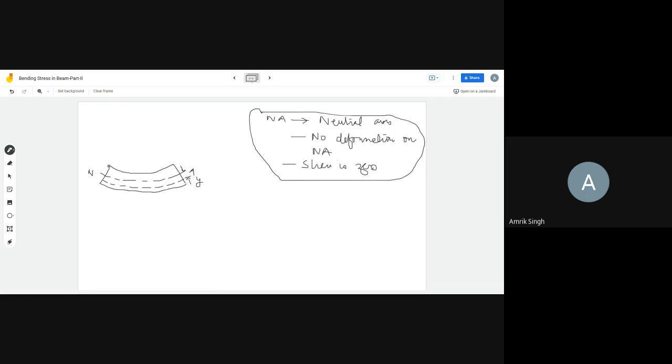So if I draw a tangent to this place, and if I draw a tangent on this surface, they will meet at a common point, which is O. So O is our center of curvature.